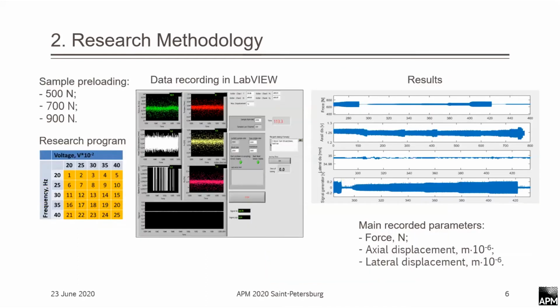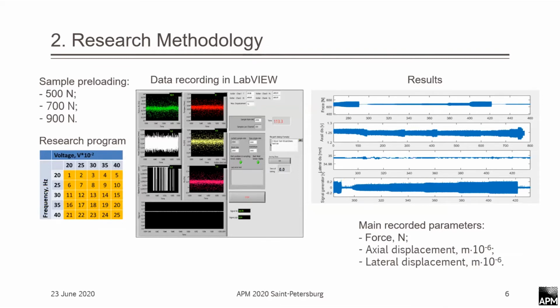So the research program included the attachment of the sample and creation of a preliminary static load on it. We create preliminary loading of 500, 700, 900 Newton on the sample. And then the acceleration generator is launched.